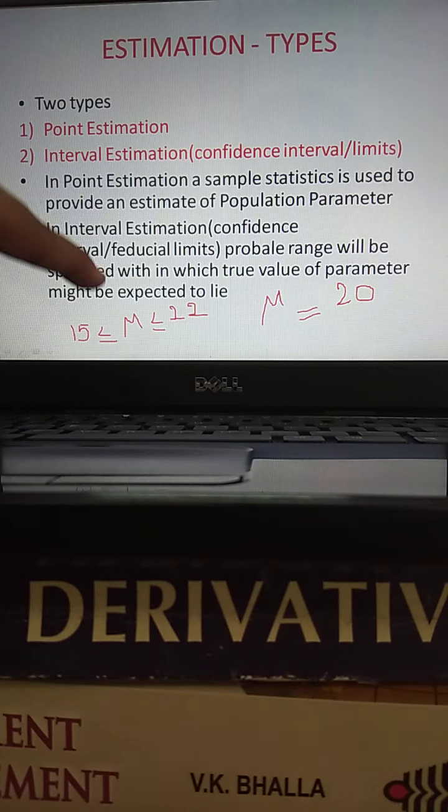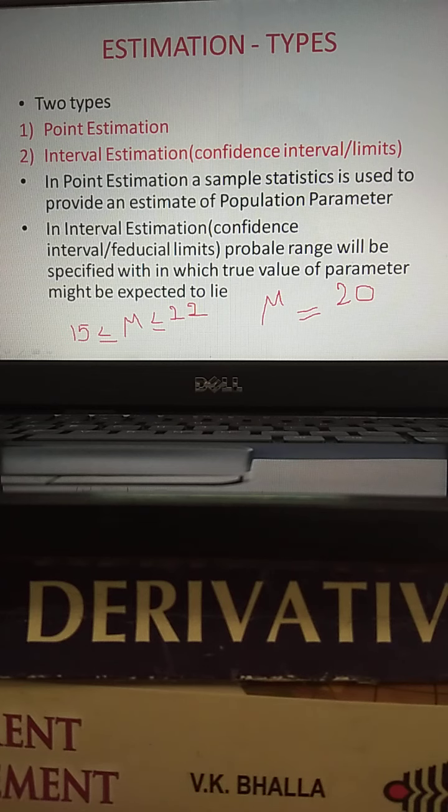The precision is less, but you are providing more confidence about the population answer. Hence, if you rate these two methods, interval estimation gets rank 1 and point estimation gets rank 2. That means, if everything goes well, first you should prefer interval estimation, and next you should go for point estimation.